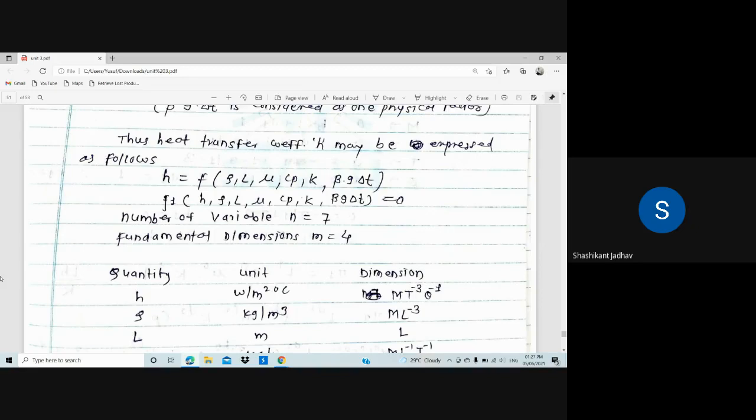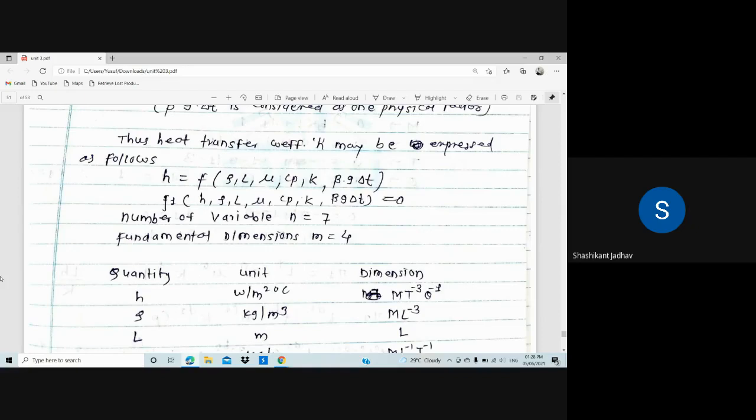Write down the factors on which h depends for natural convection. That is, h is equal to function of rho, L, mu, Cp, K, and that single factor, beta g delta T.